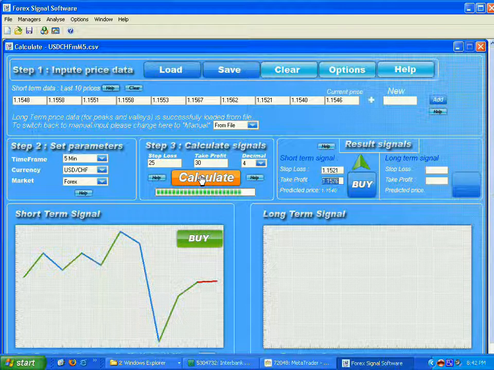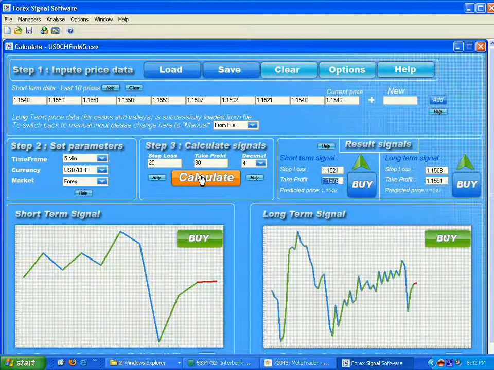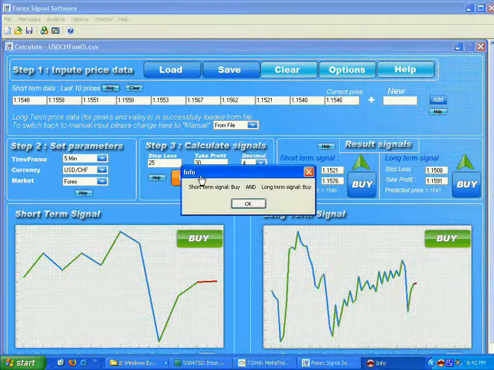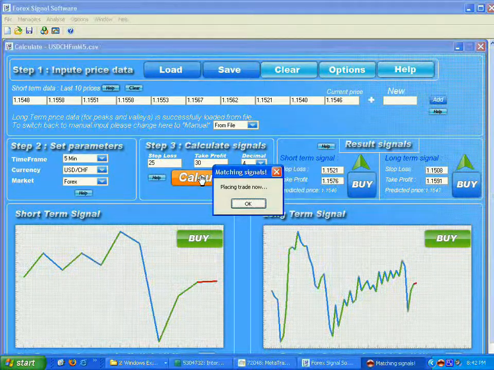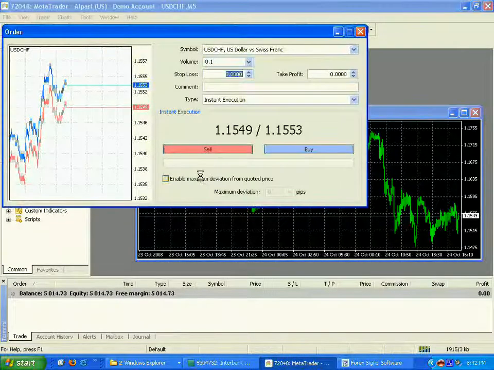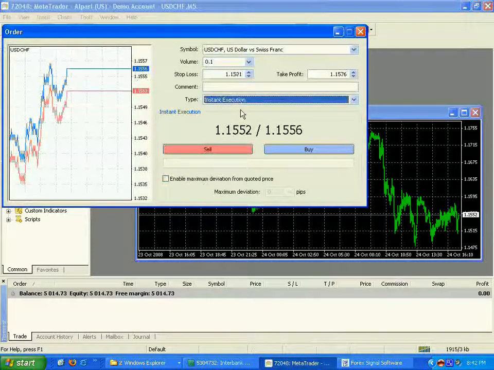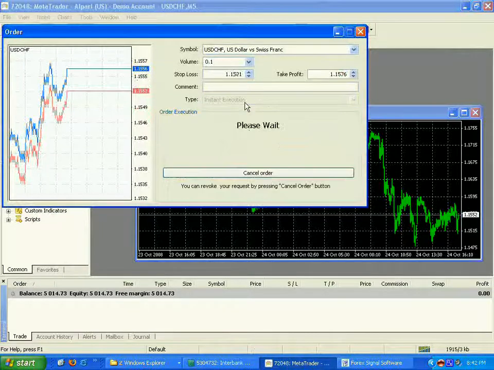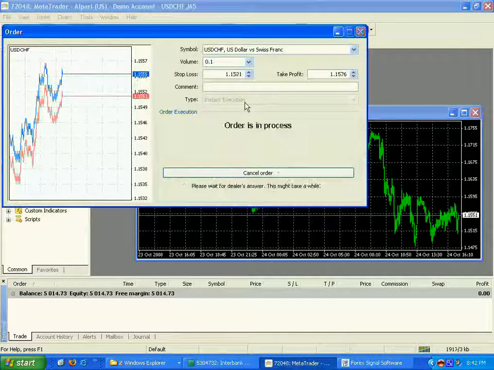Now, since both the signals are matching, AutoFxK will attempt to place a trade. We'll switch to your MetaTrader platform, bring up the order page, place that as an instant execution, and then click buy, since it was a buy order. Now, since that's in process, it'll go ahead and click OK.